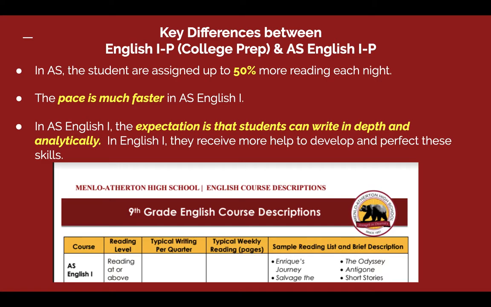The pace is much faster in AS English 1, and the expectation is that students can write in depth and analytically. In English 1, there is more scaffolding to support the development of those skills. For further information, review the English course descriptions on the Menlo-Atherton website.